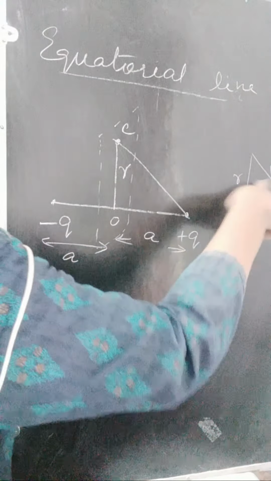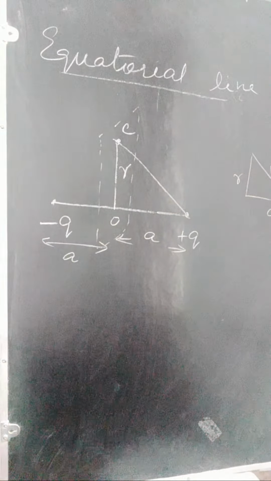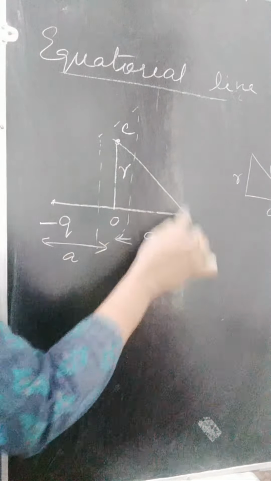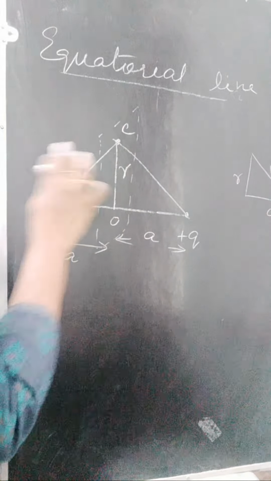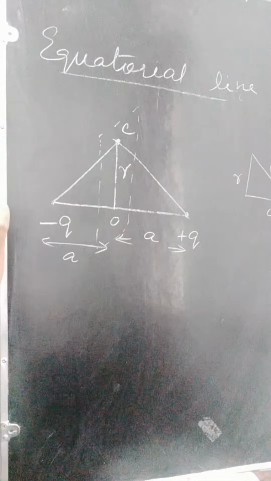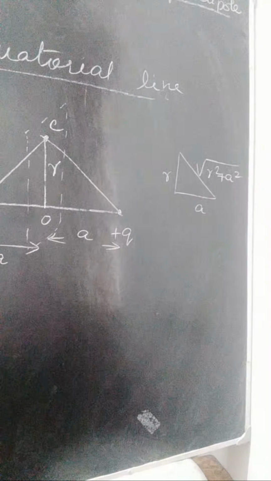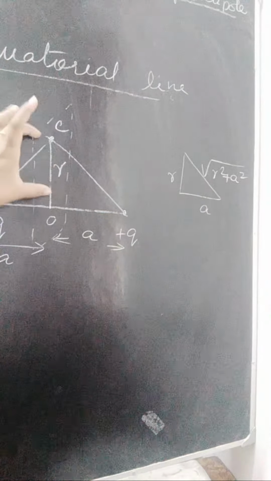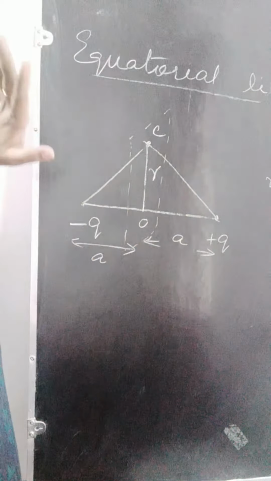So C is root of R square plus A square. Right? This is also R, A, and this value is root of R square plus A square. What about this side also? It will be root of R square plus A square only. Yes or no? Getting that value? As these two distances remain the same, what about this distance also? They will remain the same only.